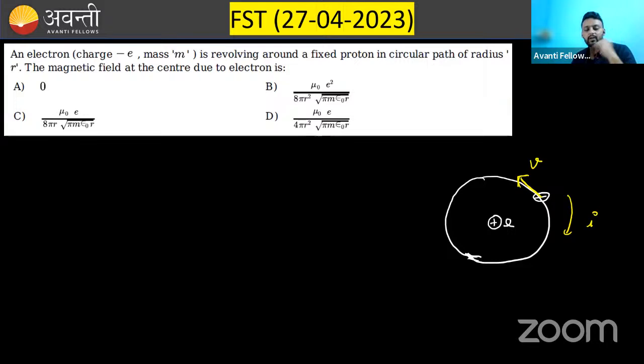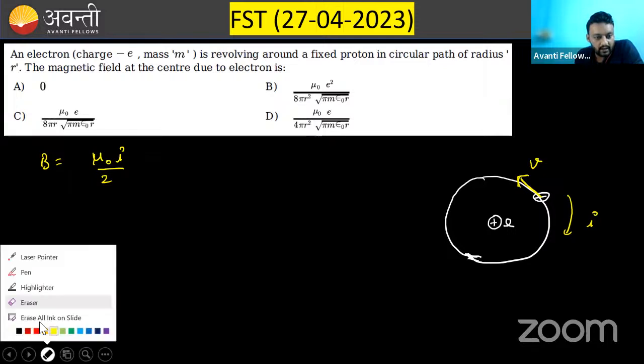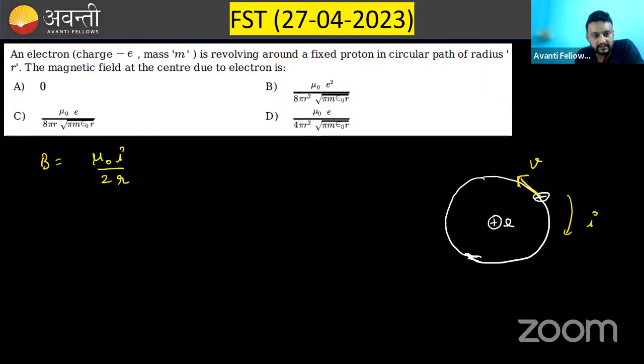Due to a circular loop, the field at the center is B = μ0 I / 2r, where the radius is the small r. μ0 and 2 are constants, and r is given. So our main focus is to calculate I.